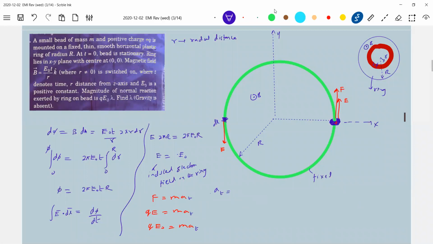So a tangential equals q B naught by m, and the tangential speed is a tangential into t, so v t equals q B naught t by m.